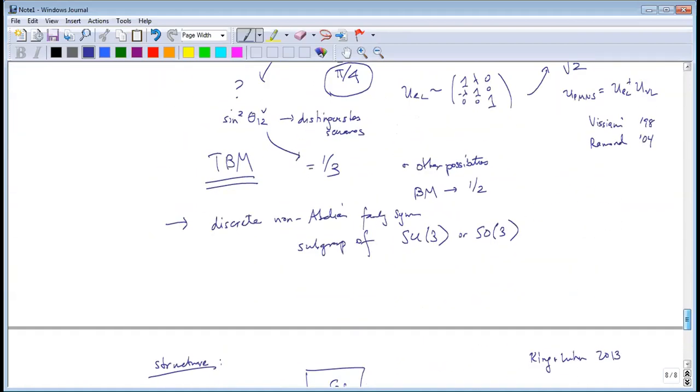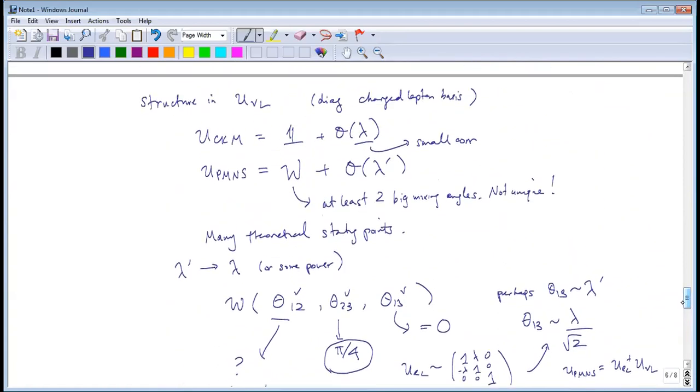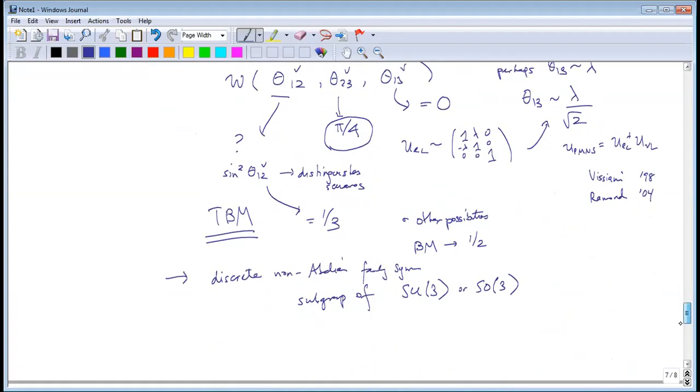Let me scroll back to answer that question better. When we talk about the quarks, in some symmetry limit, that symmetry limit is the one that gives us this 1, and then we have to break it. Here, these discrete non-abelian symmetries are such that if they are fully imposed, your mass matrices in both sectors usually are very far from reality. So what we need to do is break it via this first stage that I discussed here.